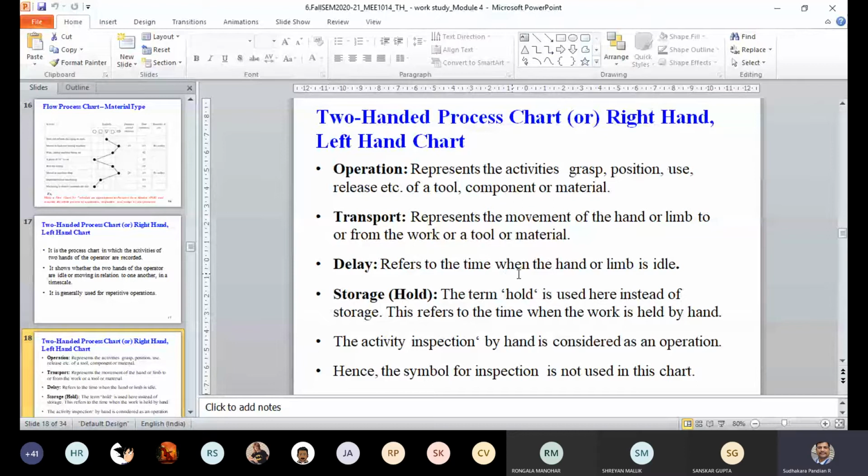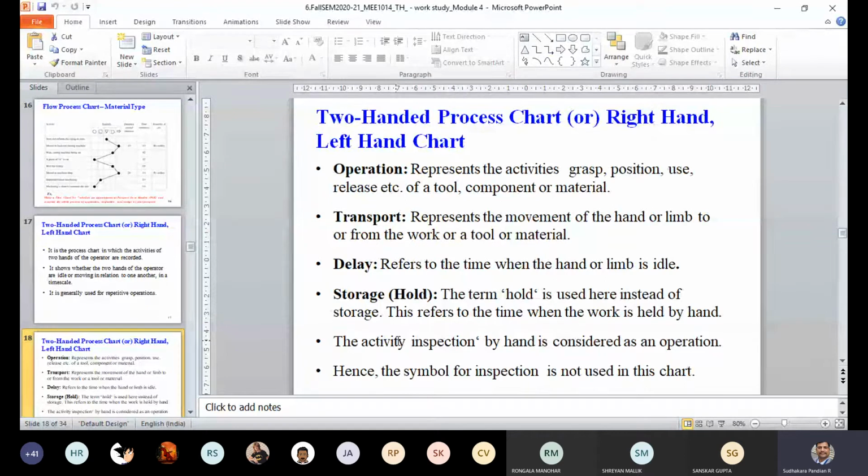Delay refers to the time when the hand or limb is idle, without doing any work or without moving. So without movement or without any work, if your hand is idle, that is recorded as delay. And for storage, the term hold is used here instead of storage, because in hands we cannot store, so it is not appropriate to use the term storage.